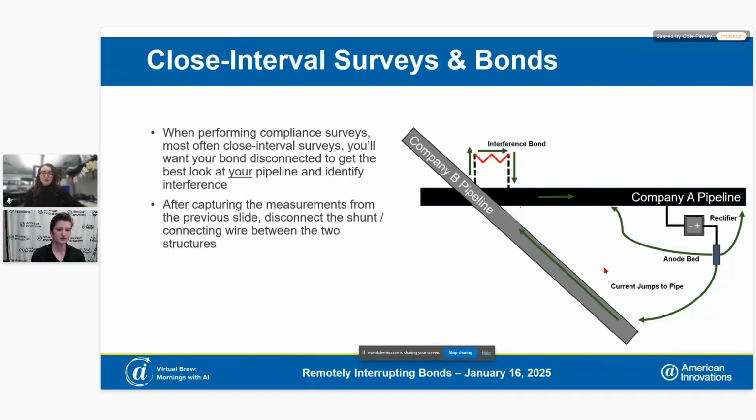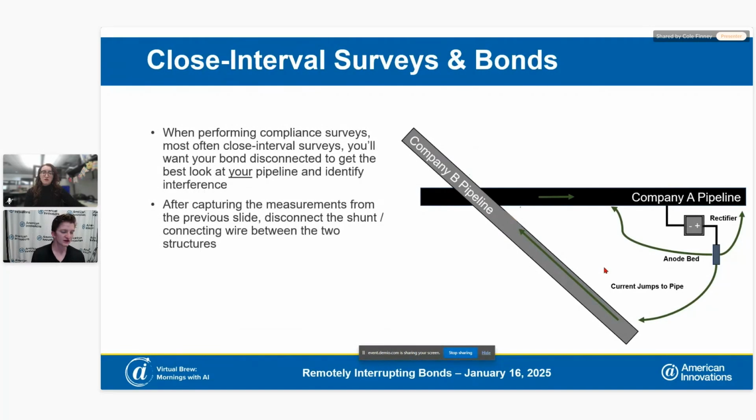After you've already captured all those measurements that I was talking about on the previous slide, go ahead and disconnect the bond. If you're doing a manual disconnection, you'll want to disconnect the shunt or the bond between the two structures and then begin performing your close interval survey.